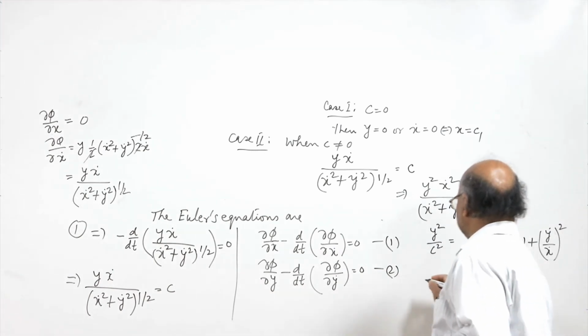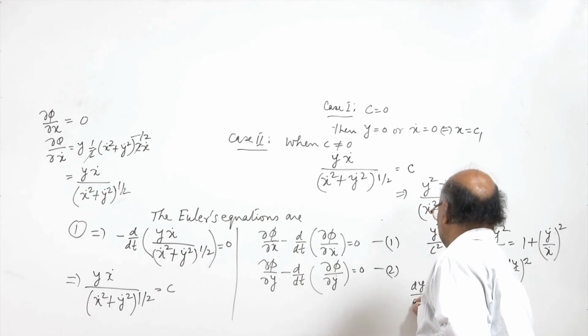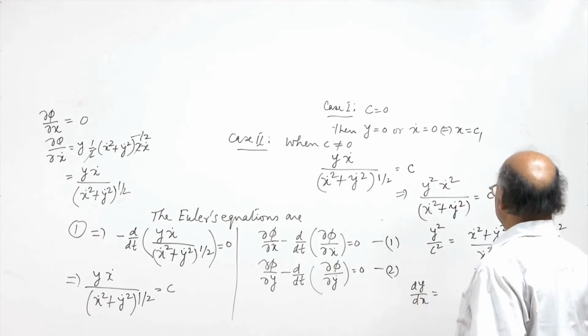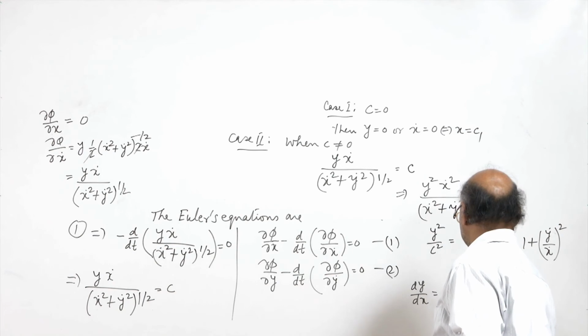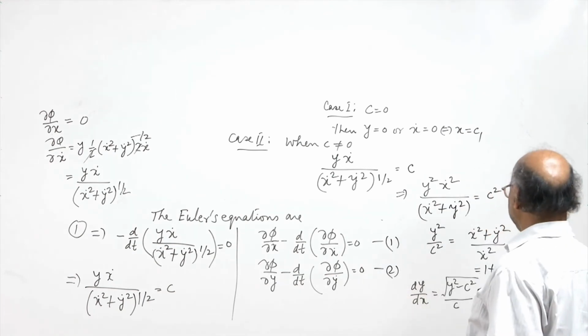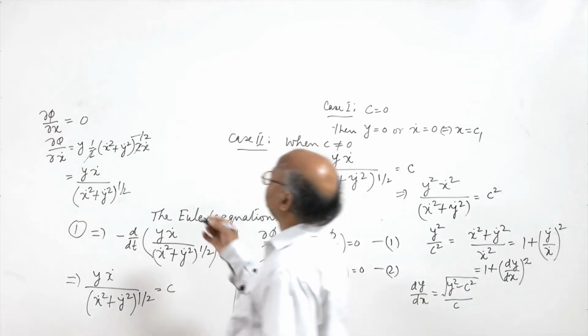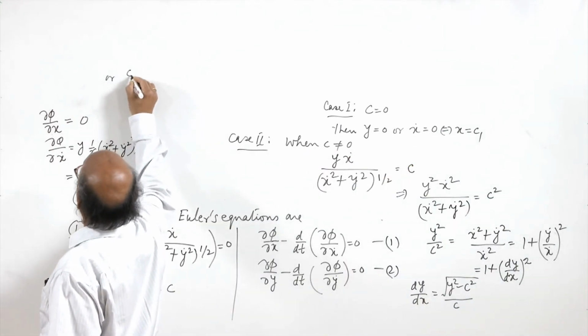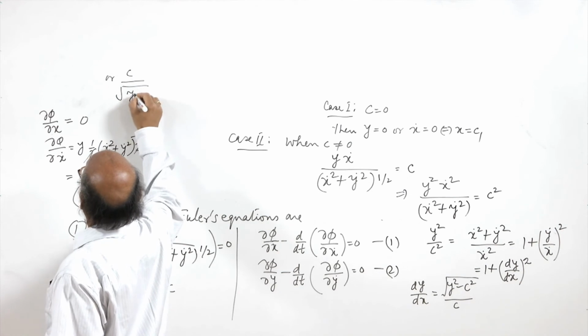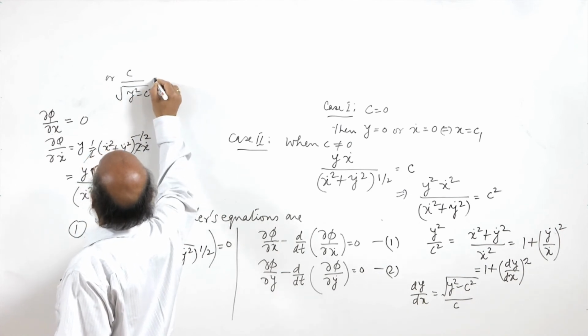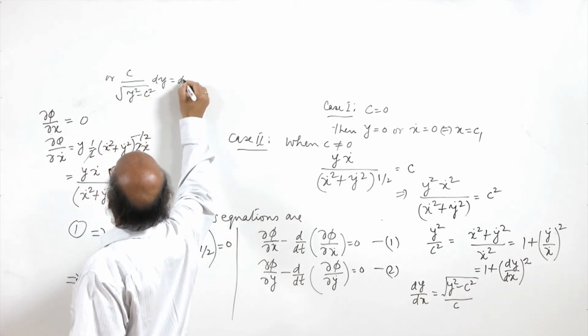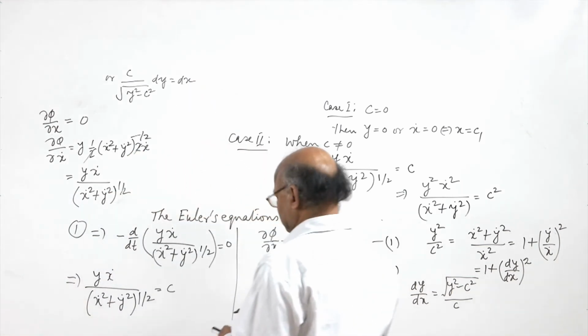So what we will get, dy by dx equal to under root (y square minus c square) divided by c, or we can say c upon under root (y square minus c square) dy is equal to dx.